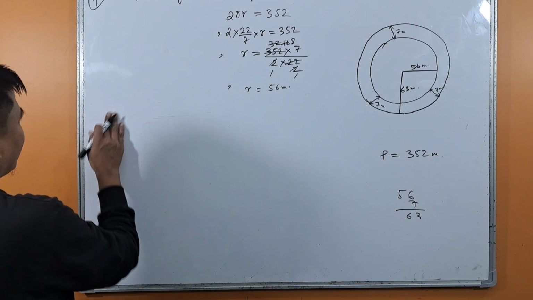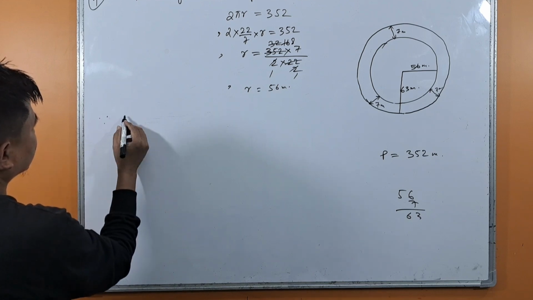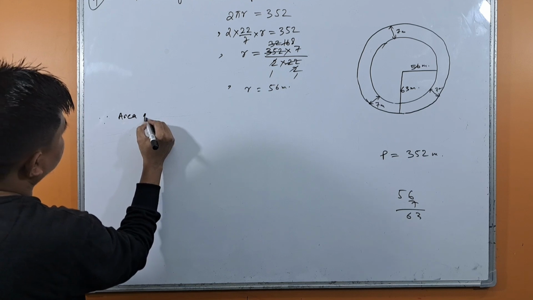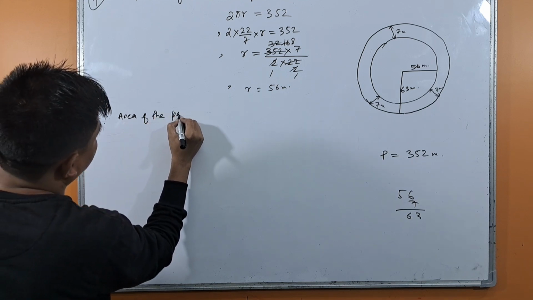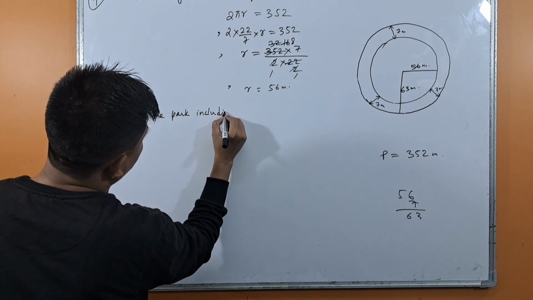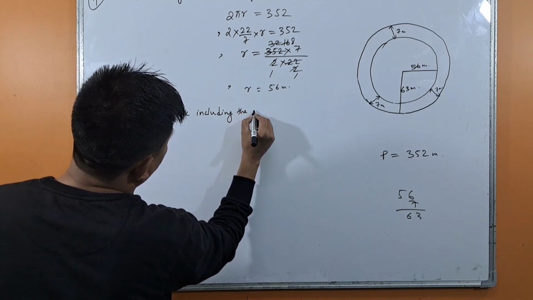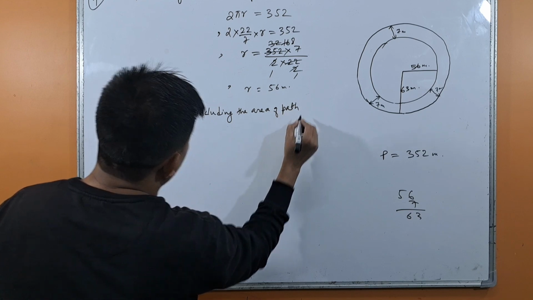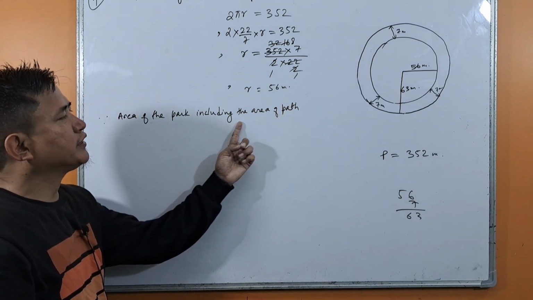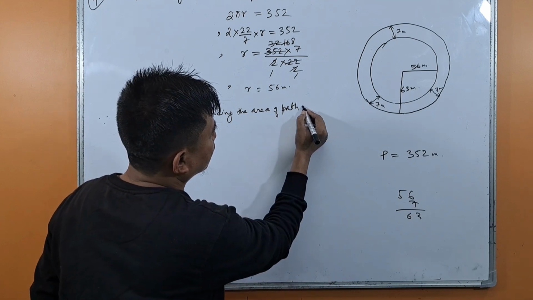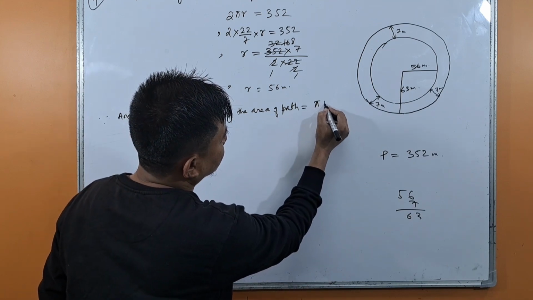Since the area of the park including the path, that is the area of the outer circle, equals pi into capital R square.